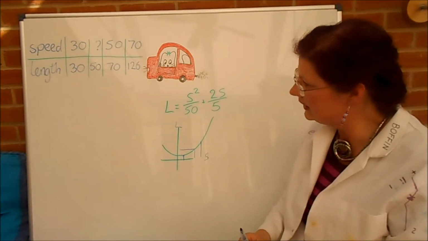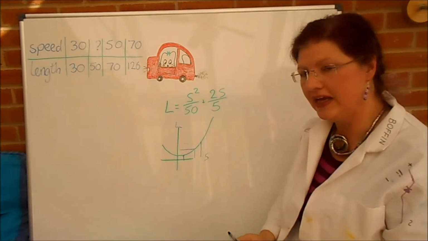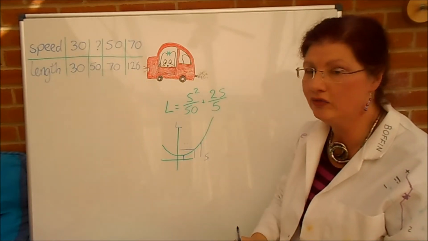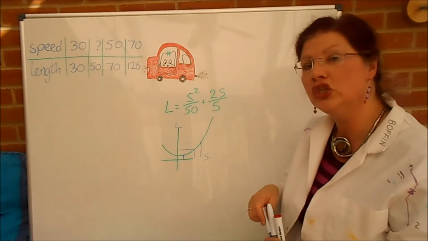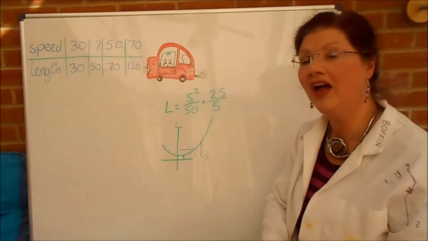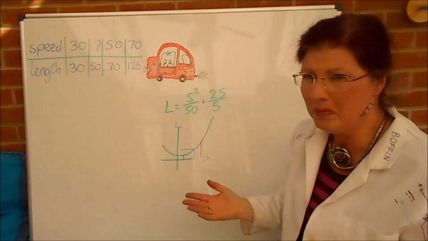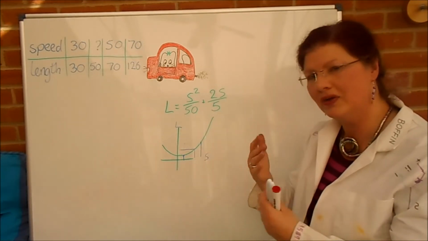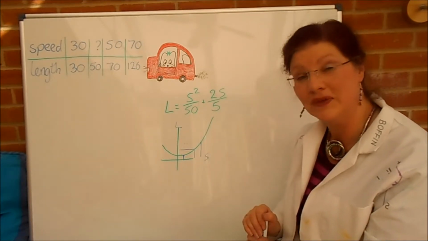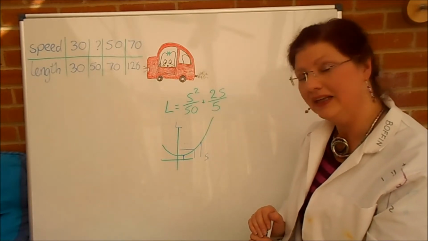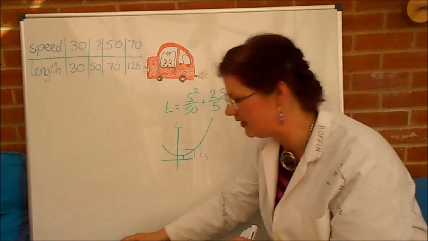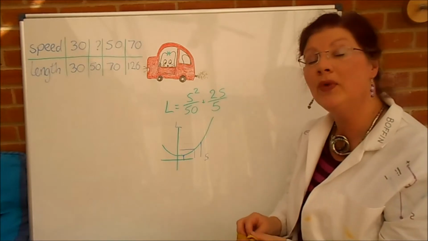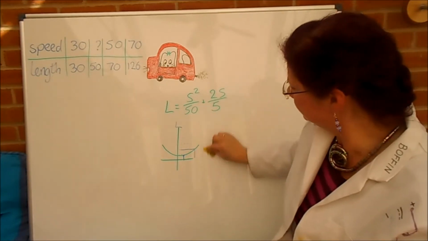So the answer is that the missing value up there will not be exactly halfway because it's not linear. It should be closer to the higher value. Probably not by much, because these are pretty small coefficients, but it still should be closer to the higher value. So that's part B. Now, for part C, we actually need to work out the value. So there we're going to be solving a quadratic.